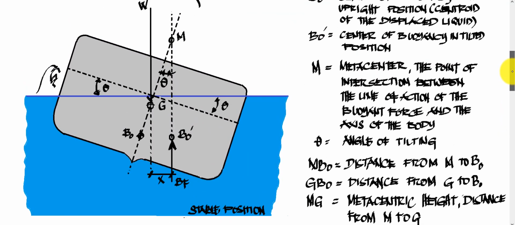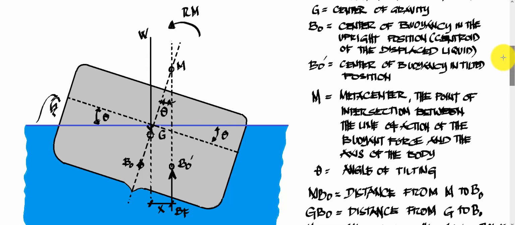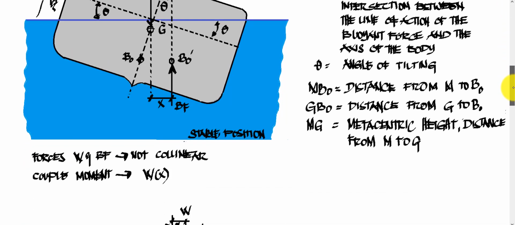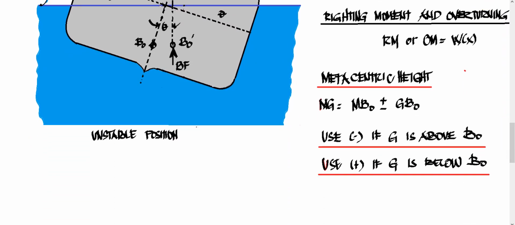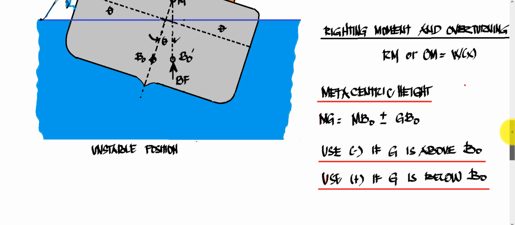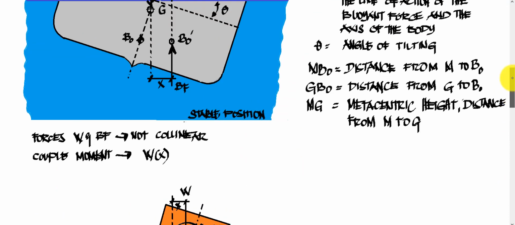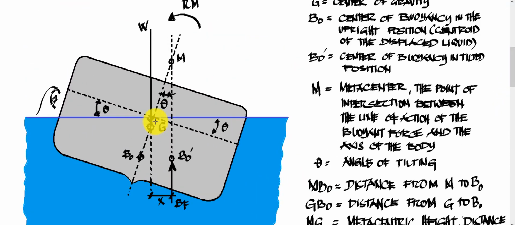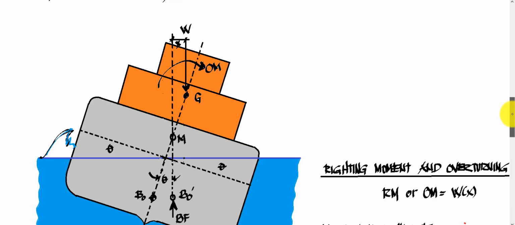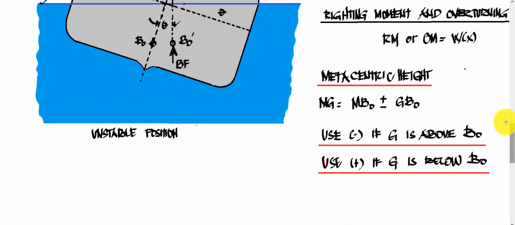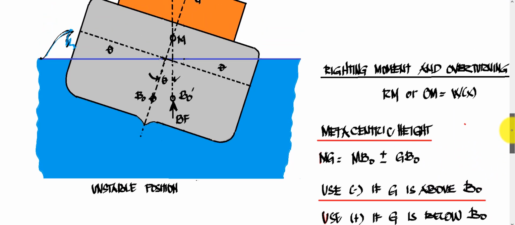Comparing to this one, we have your G and your metacenter is in here. So that is positive. So that is the opposite of the other. Now use positive if G is below the metacenter, like this. So going back again, use negative if the G is above the metacenter.